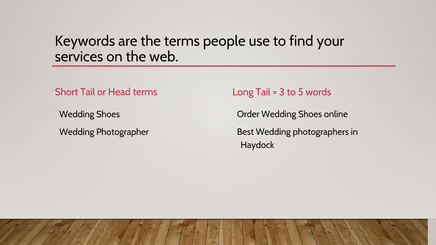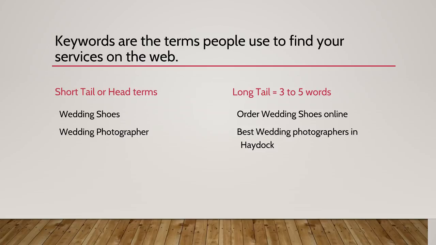So can you see how modifications to your term can help in search results? It does two things. It can help you find searchers who will want to buy what you're after, but also it might be a little bit easier to have a web page that's optimized for order wedding shoes online than having a page which is just optimized for wedding shoes.